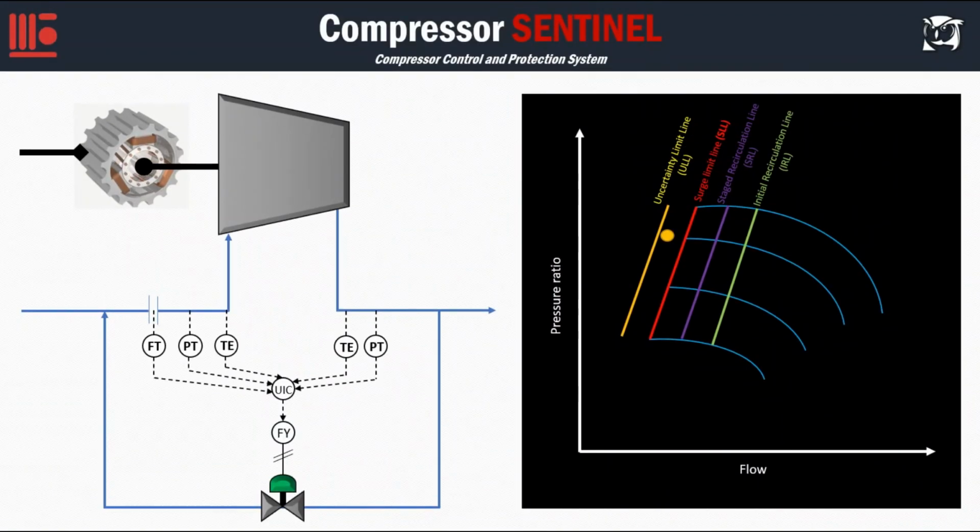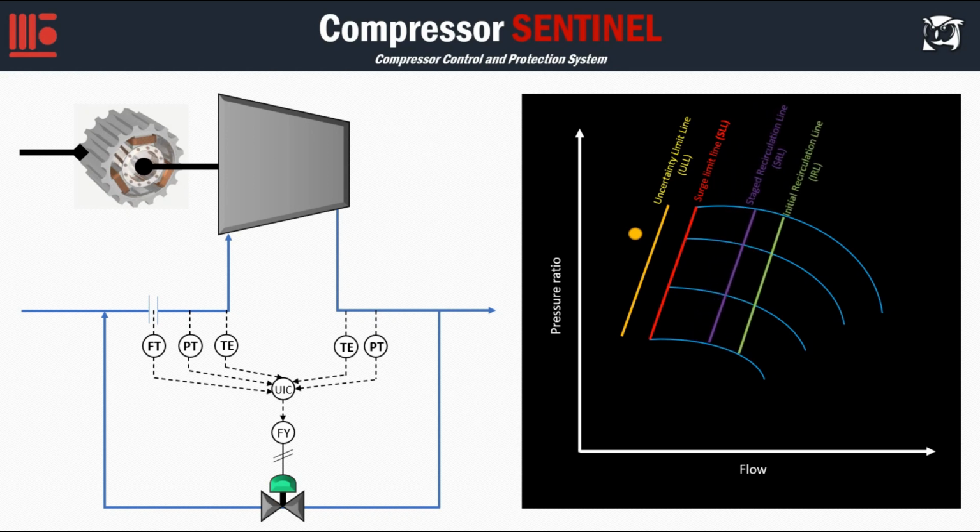In the event that the flow decreases to such a degree that none of the previous actions allows a quick recovery and the operating point is located to the left of the uncertainty limit line, the anti-surge controller will increase its safety margin by moving the SRL and the IRL to the right. The magnitude of the increment is configurable. This safety increase will be maintained until a reset command is performed.